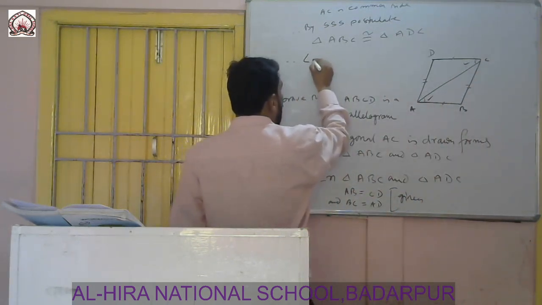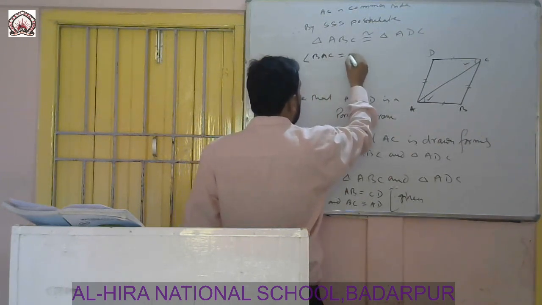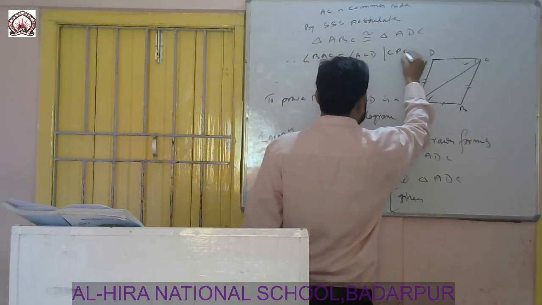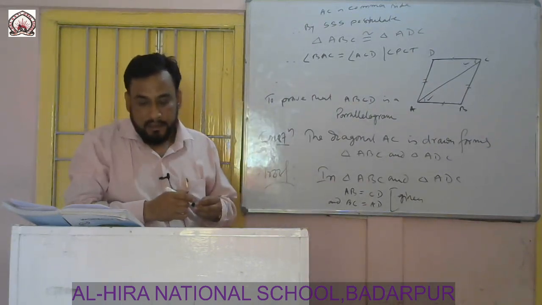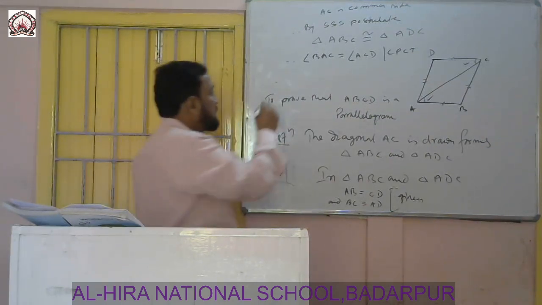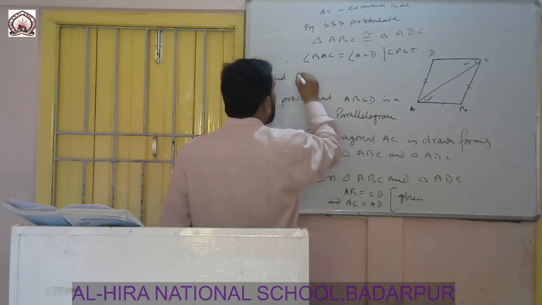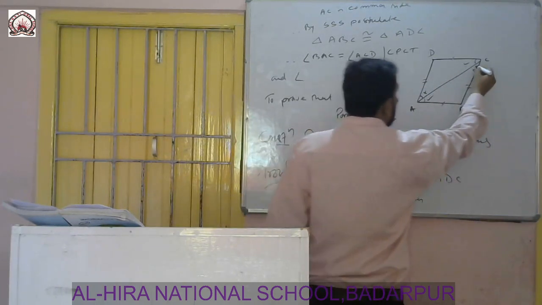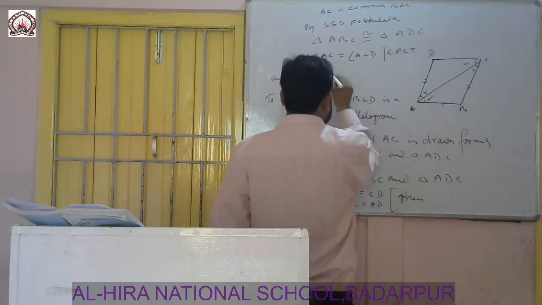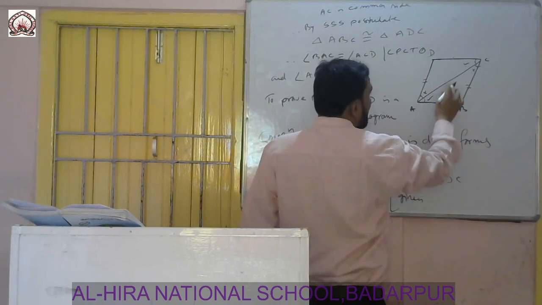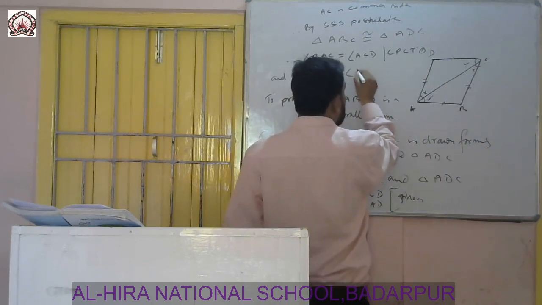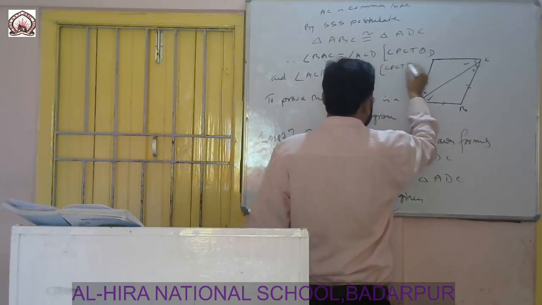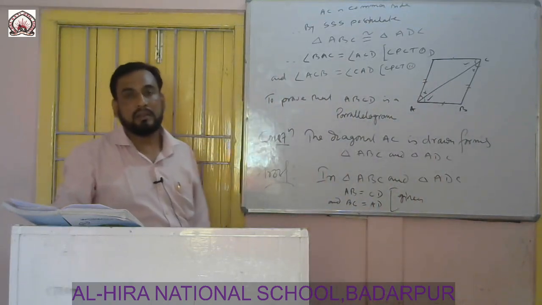Therefore, angle BAC is equal to angle ACD because of CPCT, and angle ACB is equal to angle CAD, here also CPCT. Corresponding parts of congruent triangles are equal.